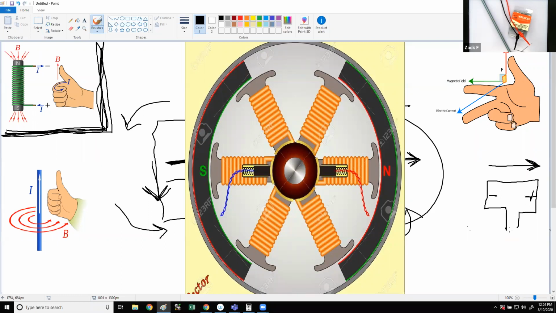It's going to continue to rotate until this right-hand side is straight up in front of us and the left-hand side is behind us. We could go through the right-hand rule and prove that, but I don't care to, just believe me. It's going to turn 90 degrees and then it's going to stop because the magnetic field is the same.